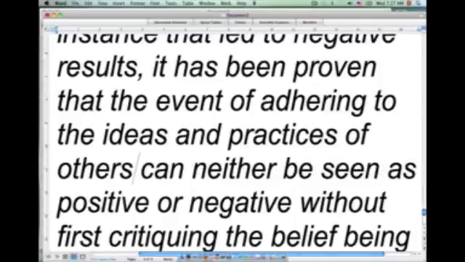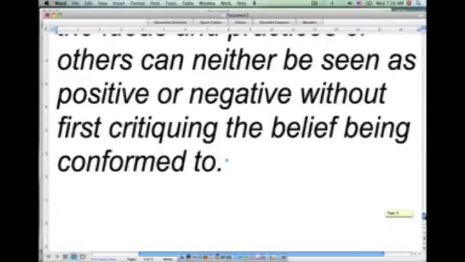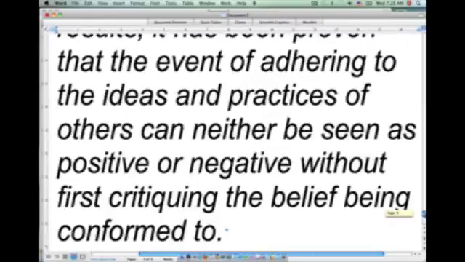So it has been proven that the event of adhering to the ideas and practices of others, now, I just changed that because we were saying conforming and it sounded kind of repetitive, can neither be seen as positive or negative without first critiquing the belief being conformed to. So we're not saying it's good or it's bad.